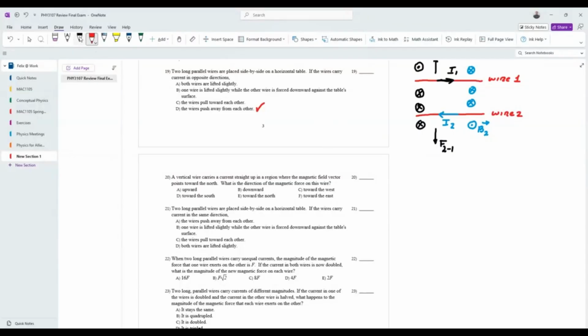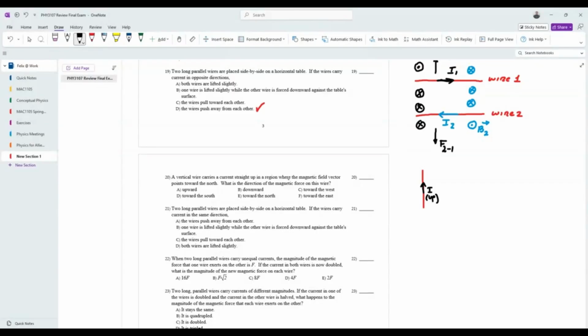So basically here we have a wire, and it carries a current straight up. So the current here is just like this, and it's just up.